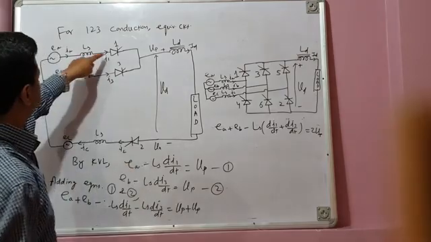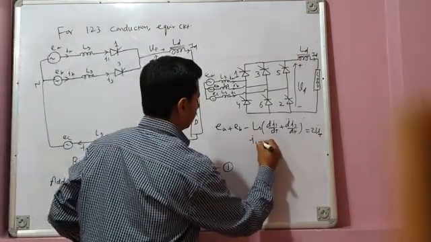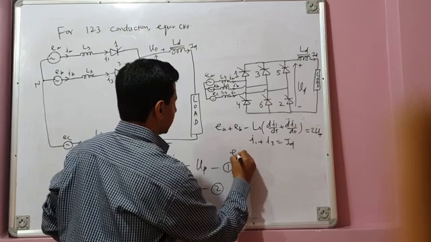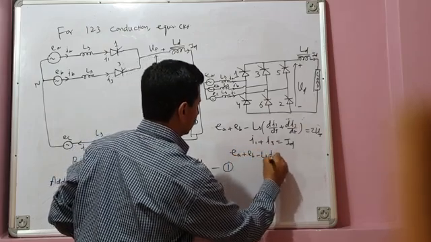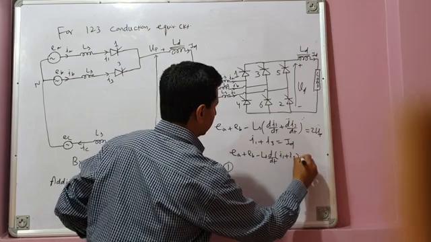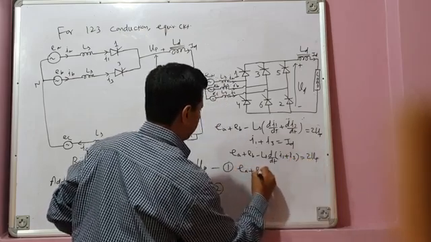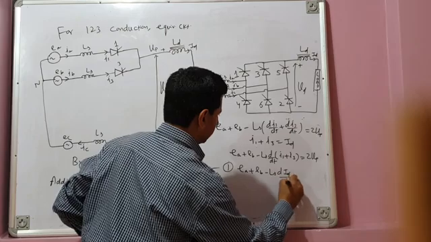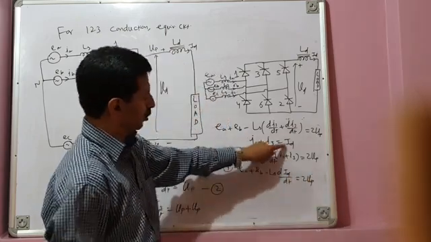Now what is I1 plus I3? You can see I1 plus I3 is equal to ID. So I can write this equation as EA plus EB minus LS d by dt of (I1 plus I3) is equal to 2 Vp, or EA plus EB minus LS dId by dt is equal to 2 Vp, because I1 plus I3 is equal to ID.